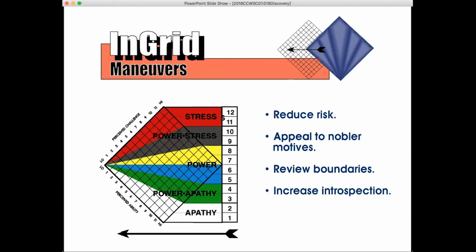Before the consequence becomes too great for the people being damaged, what can we do to enforce these boundaries? But trying to appeal to that individual's nobler motives, trying to get them to increase their introspection at a certain point in the outgrid danger zone, that is no longer a realistic expectation.